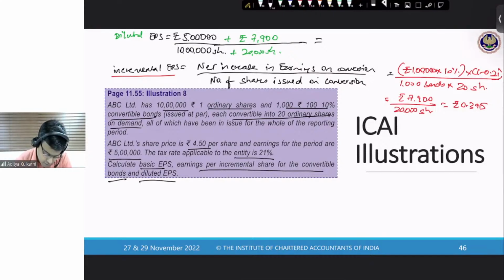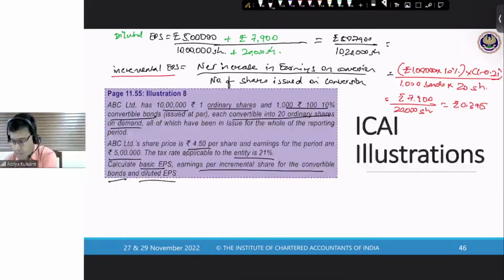So this comes to 507,900 divided by the shares, which is 0.498 per share.